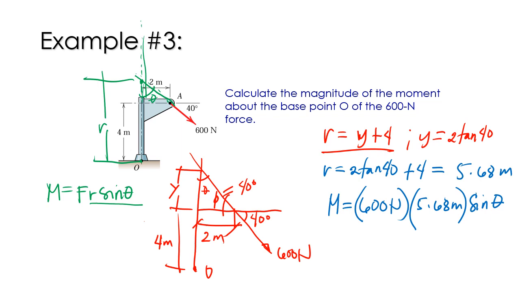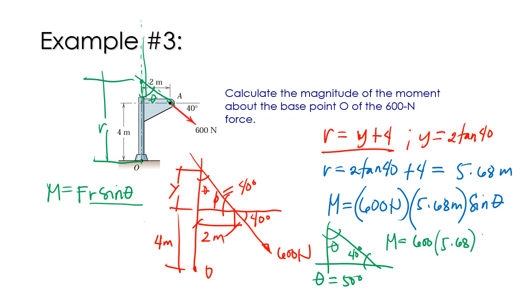So our theta, based on the figure, this is our theta, and this is 40 degrees. So we have an angle theta of 50 degrees. And M now is equal to 600 times 5.68 sine of 50 degrees.